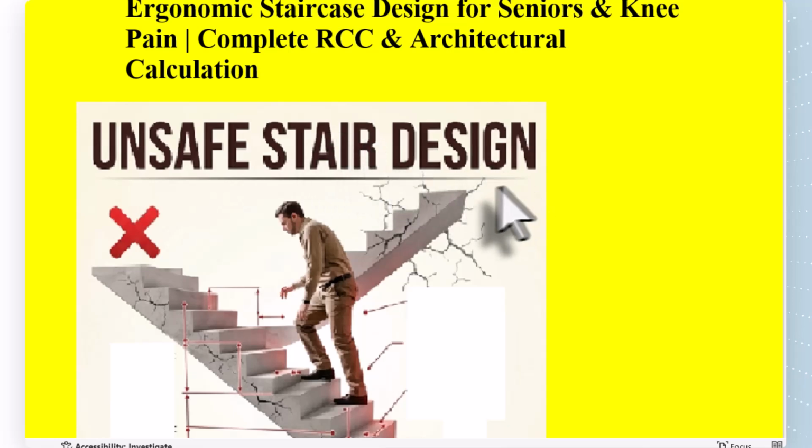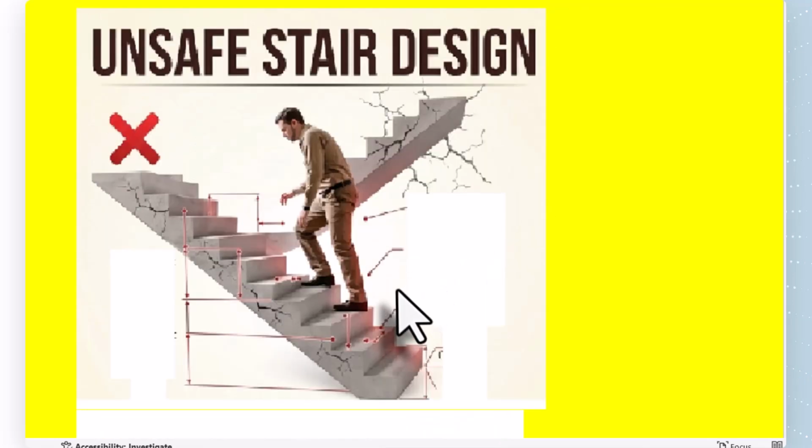Unsafe stair design means a lot of pain to the legs, especially the knees and joints. They cannot go up easily, and while coming down also they feel a lot of stress.